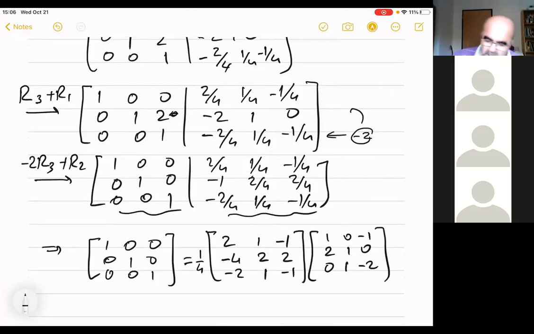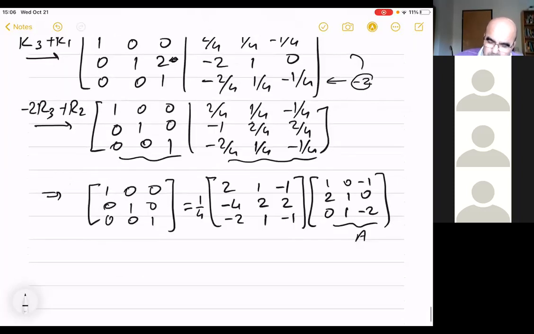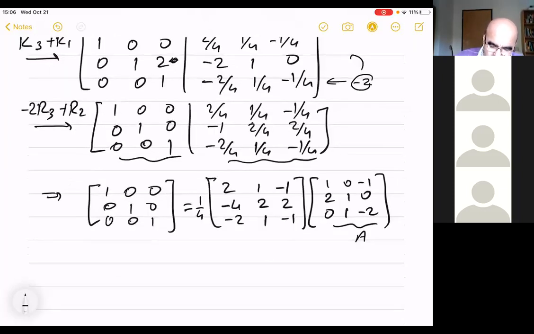Okay, so that this is A. I hope everything is correct. You can check it. So that A inverse is this matrix: 1/4 times 2, 1, minus 1, minus 4, 2, 2, minus 2, 1, minus 1.